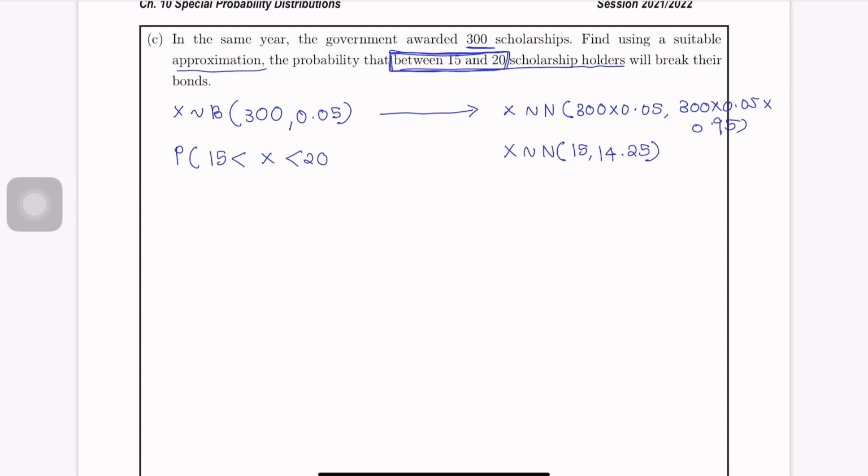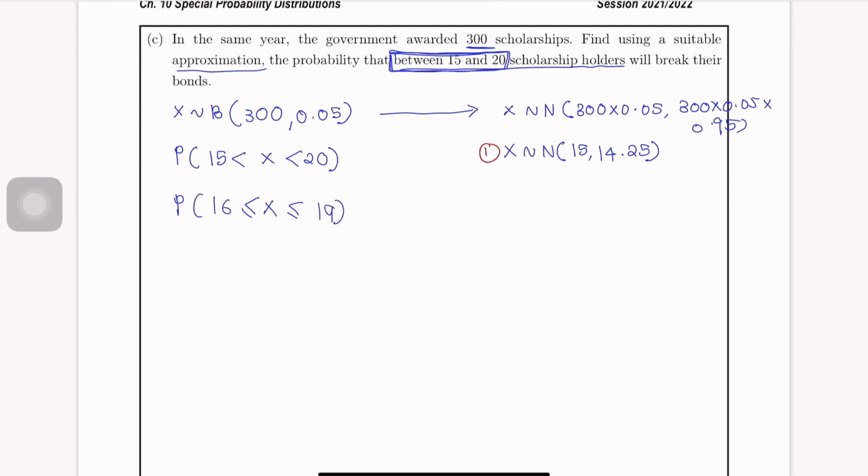Okay, so this is our first step. Then the second step, you still remember, we need to do CC, continuity correction. But before that, we need to change the sign to equal. So x is between 16 and 19.